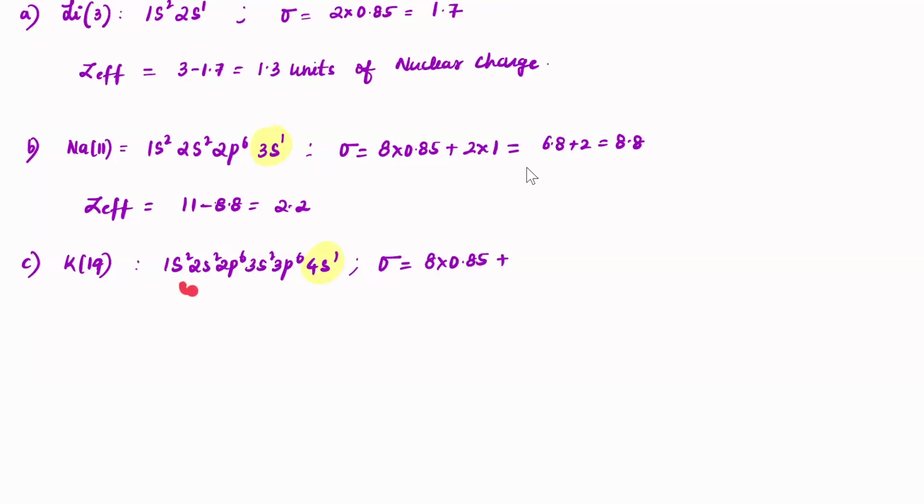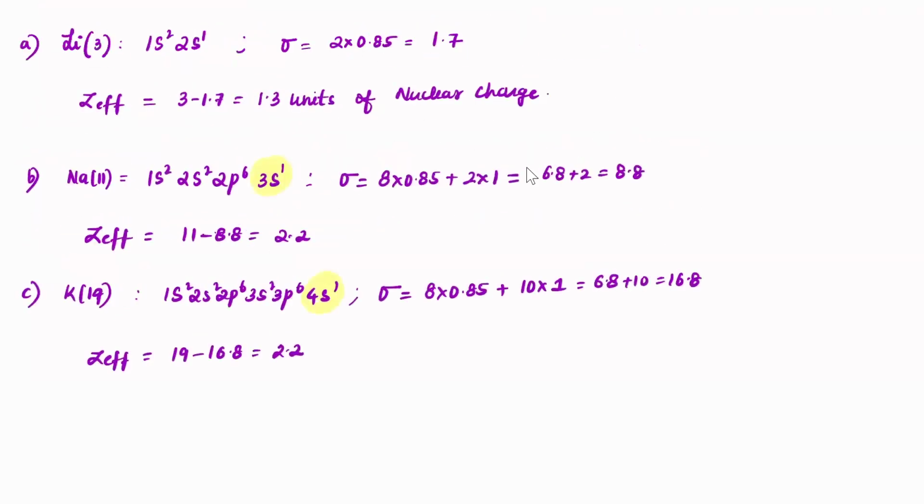The rest are n minus 2 and n minus 3, so they contribute a total of 10 electrons into 1. That is 6.8 plus 10, which is 16.8. So Z effective is 19 minus 16.8, which again comes out to be 2.2. Got it?